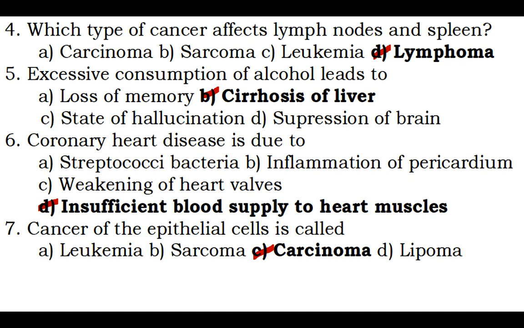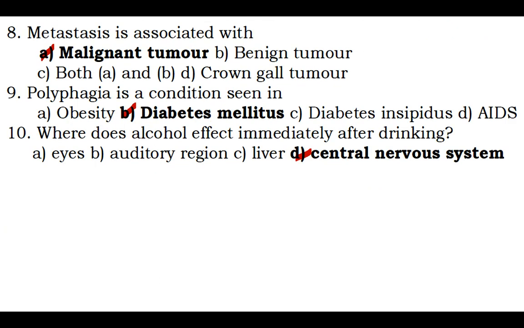Option D, insufficient blood supply to heart muscles. Question number 7. Cancer of the epithelial cells is called. Option C, carcinoma. Question number 8. Metastasis is associated with. Option A, malignant tumor.